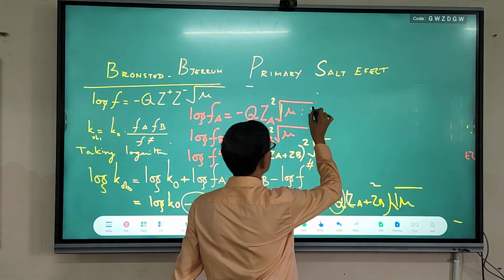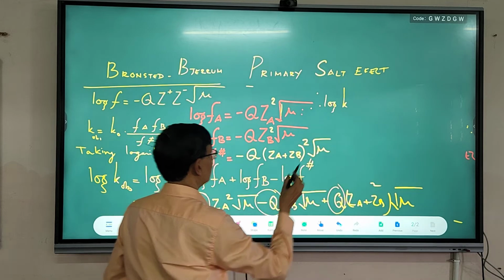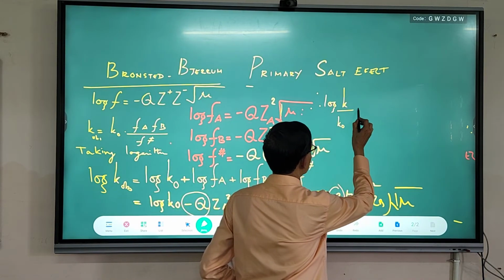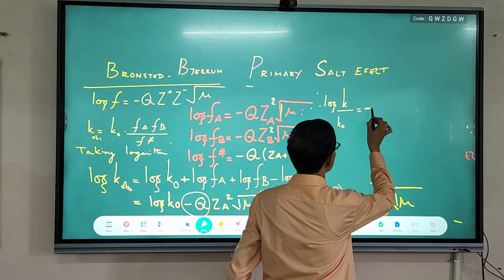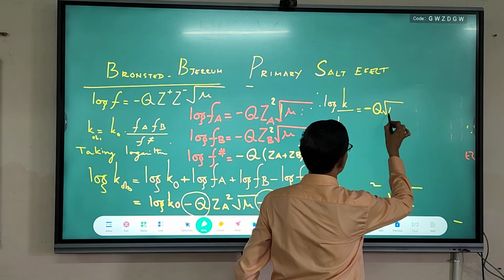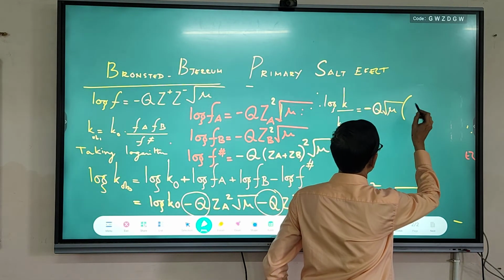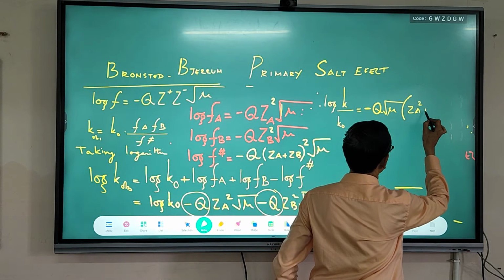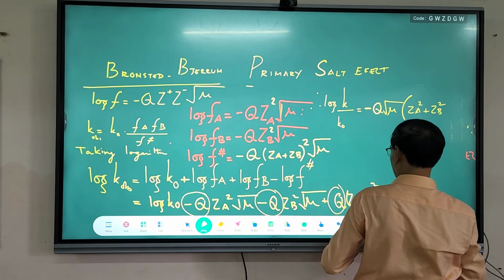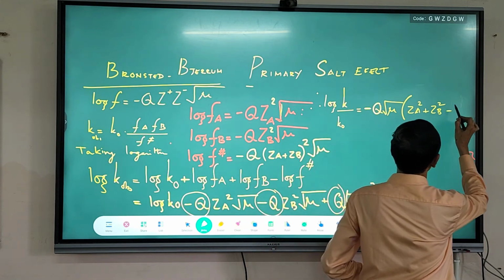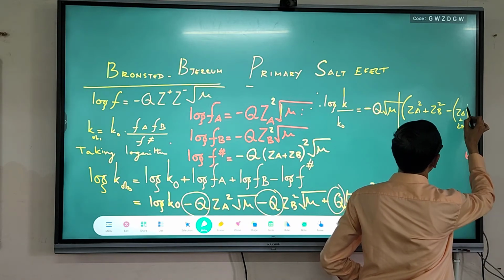So what I do, log of K by K0, just doing a shortcut, or you can write log K minus log K0, same thing, is minus Q under root of mu times ZA square, ZB square, and because here it is plus, minus (ZA plus ZB) square.